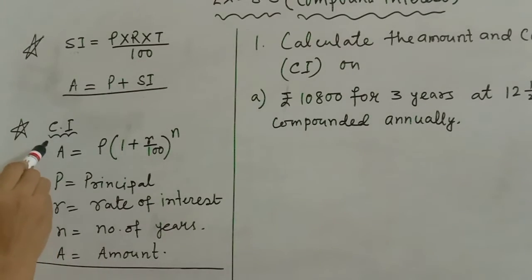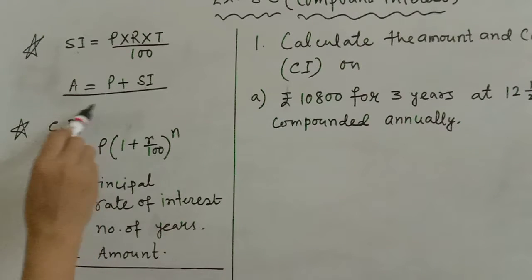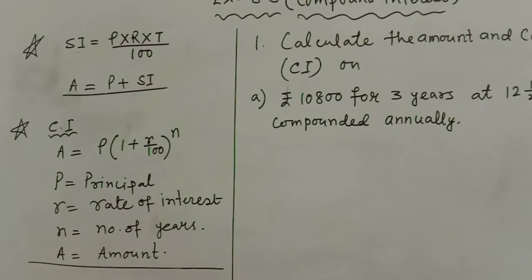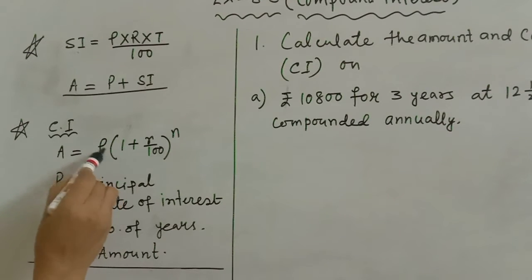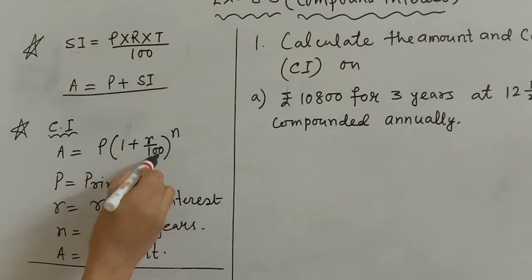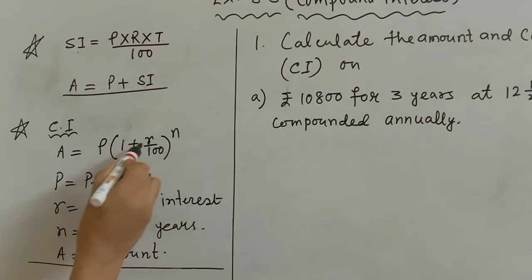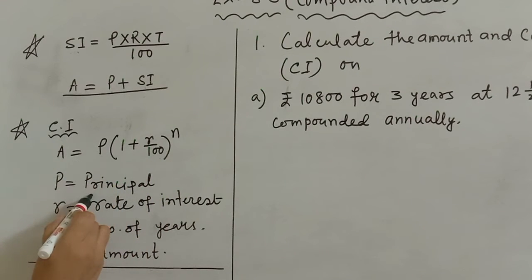Now to find the amount in compound interest, we have to use a different formula. The deduced formula is A equals principal into 1 plus R by 100 whole to the power n. What is P? P is principal.